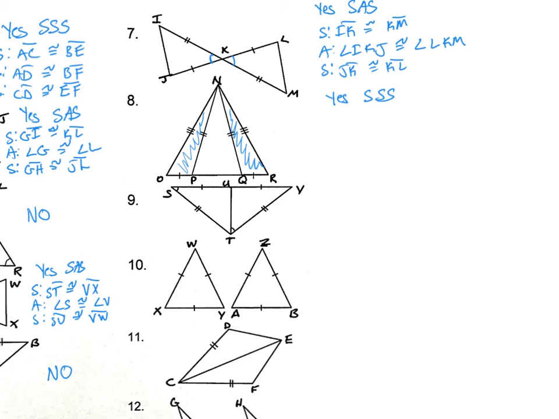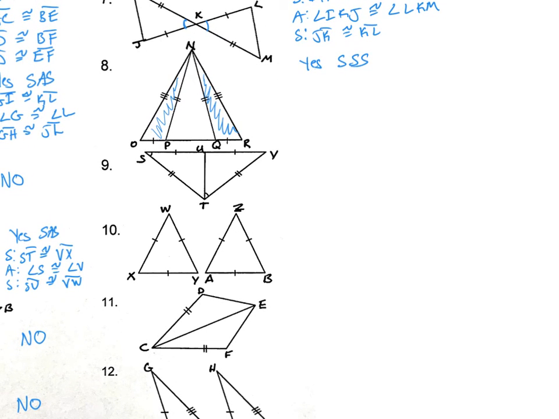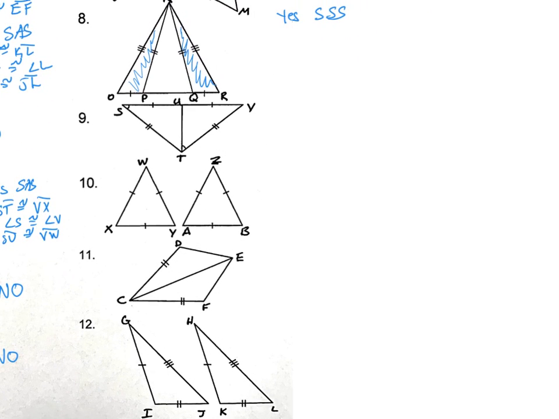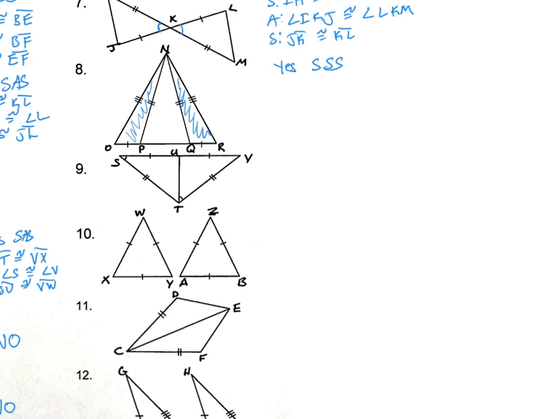And I'm just going to be focusing on the 3 sides there at the ends. One side, ON, is congruent to RN. Another side, OP, is congruent to QR. And another side, PN, is congruent to QN.